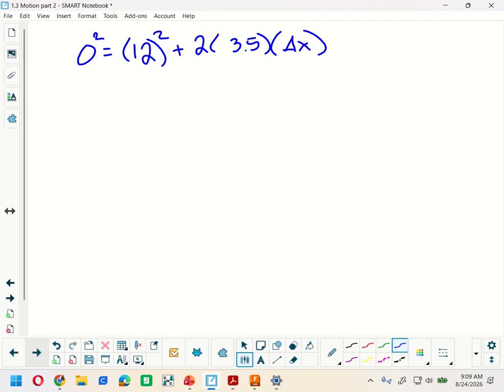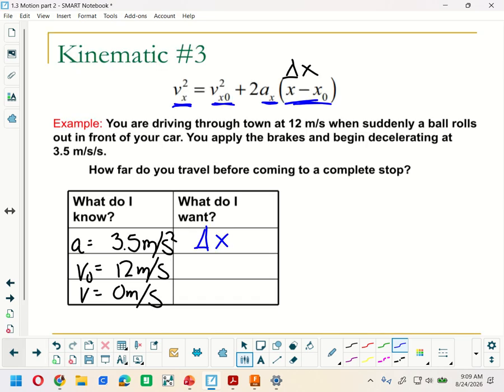Now, there's one problem with this problem. My acceleration. What's wrong with it? It's not negative. Why should it be negative? I'm decelerating. I'm coming to a stop, so I'm slowing down.